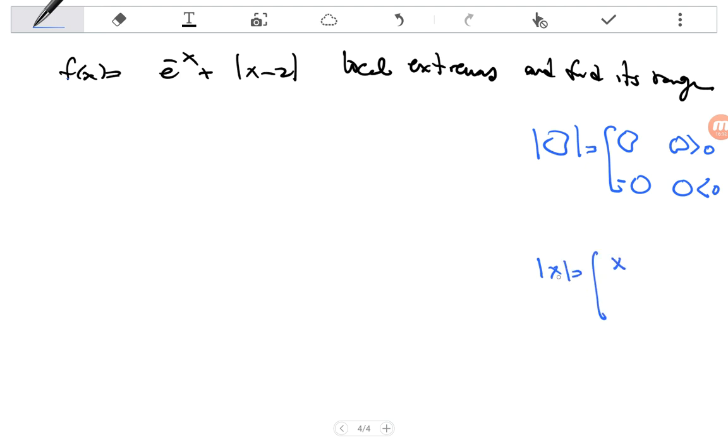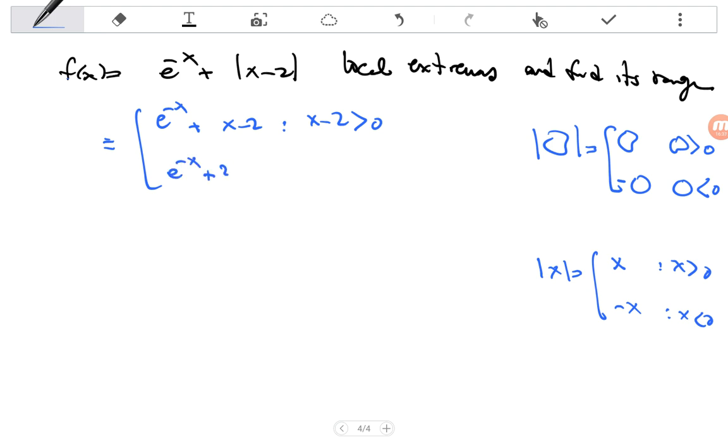This is absolute x, where x symbolizes any expression. It is x when x is greater than 0, and negative x when x is less than 0. So for this expression, it would be e power minus x plus x minus 2 when x minus 2 is greater than 0, and e power minus x plus 2 minus x when x minus 2 is less than 0, where I have taken the negative of that expression.